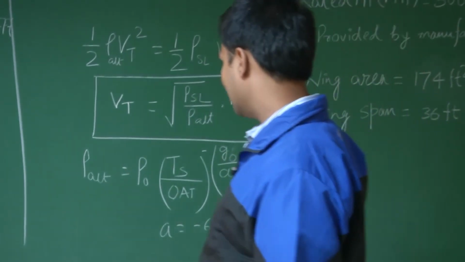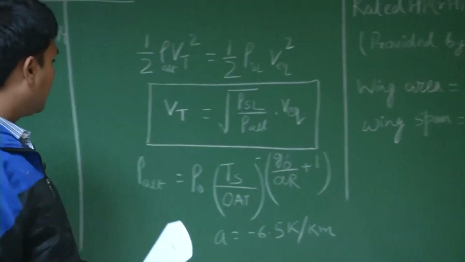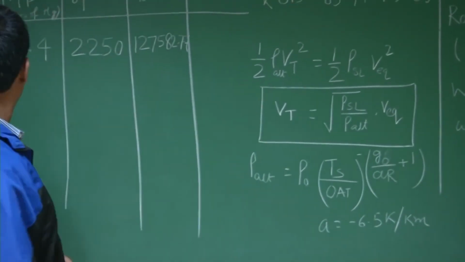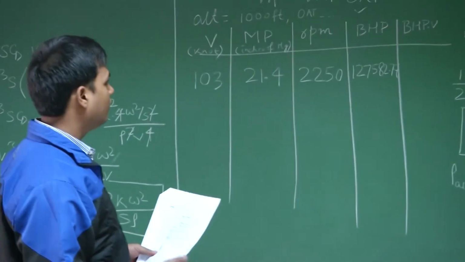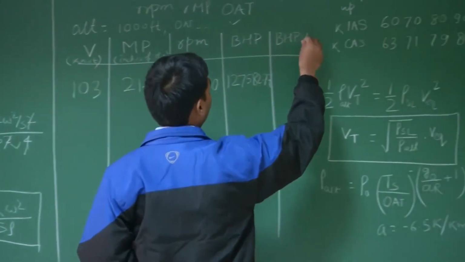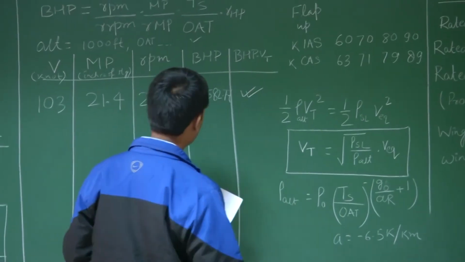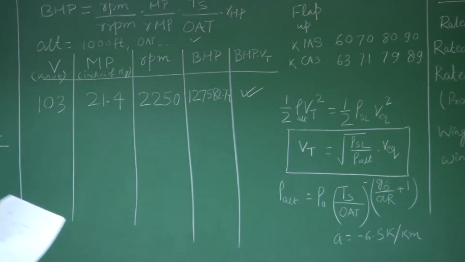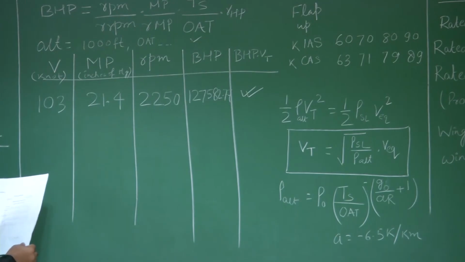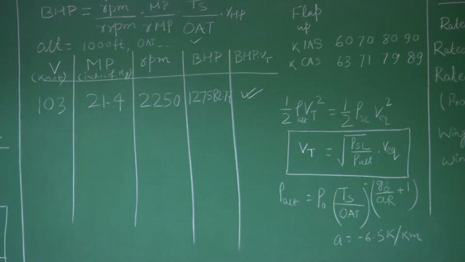Once you have corrected your density, you will get the true speed. From the true speed, we should multiply this, so I should write Vt, and you will get this number. For each reading, the students have performed for different speeds.